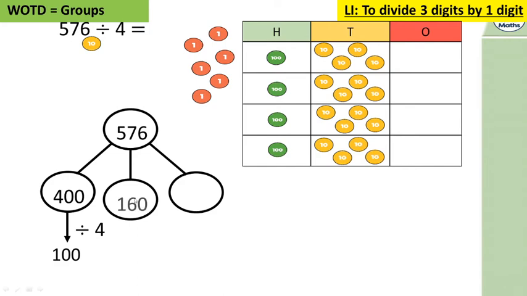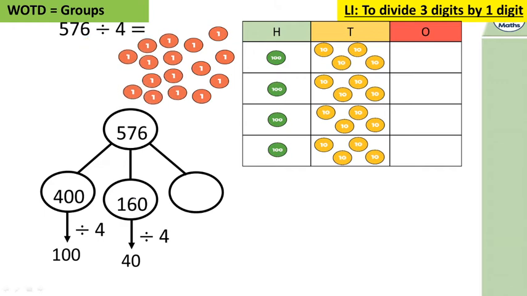That means we'll get 160 in there, because 160 divided by 4 is 40. That means that we're going to have to exchange our last 10 for 10 ones, count how many we've got in there, how many we go into groups of 4.